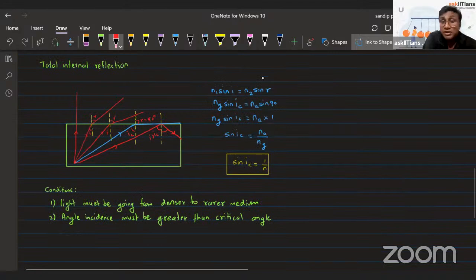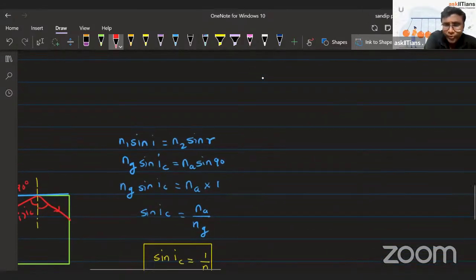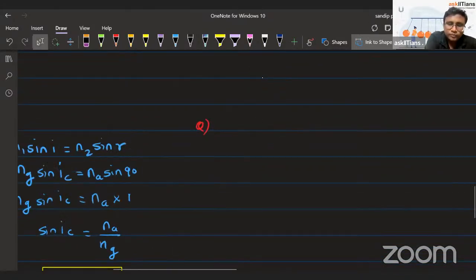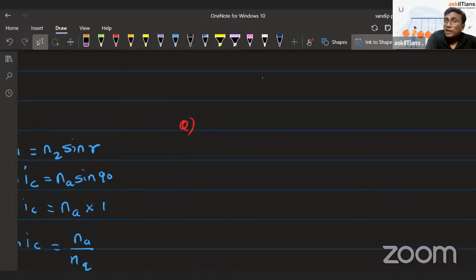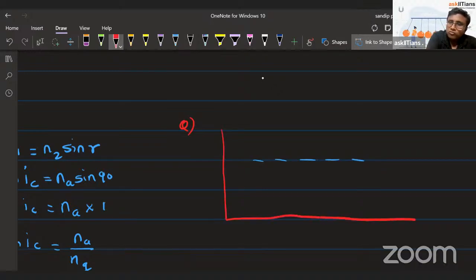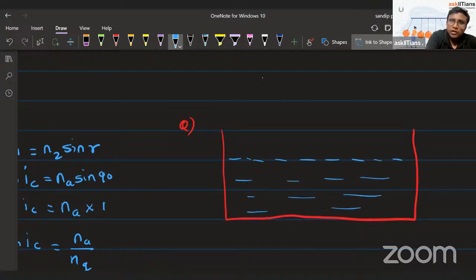According to this, there is one question they can ask. This is a very popular question. Suppose there is water in a container, and there is a light source here.